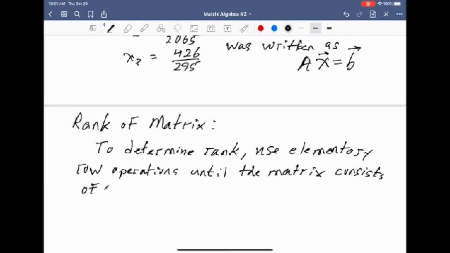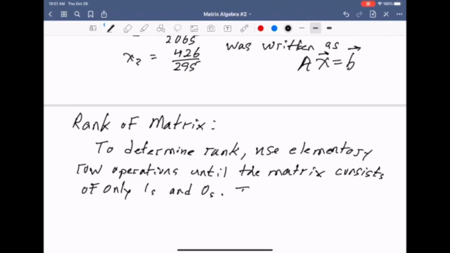And the rank of a matrix we find by using elementary row operations until the matrix consists of only ones and zeros.